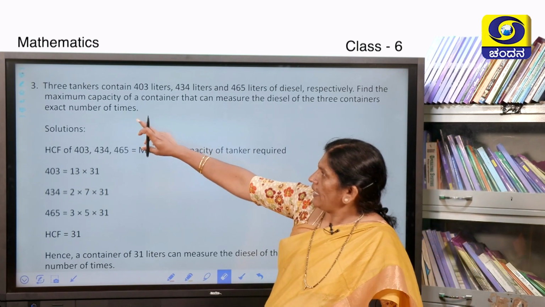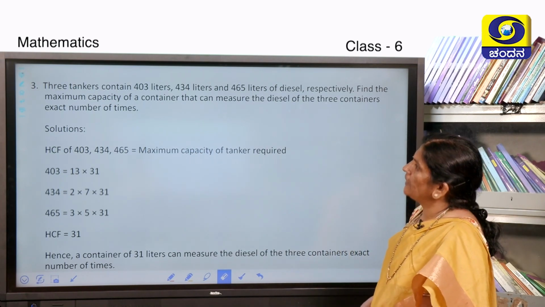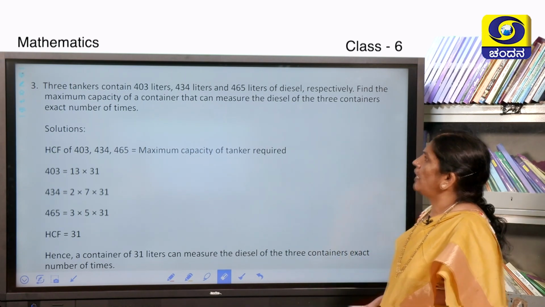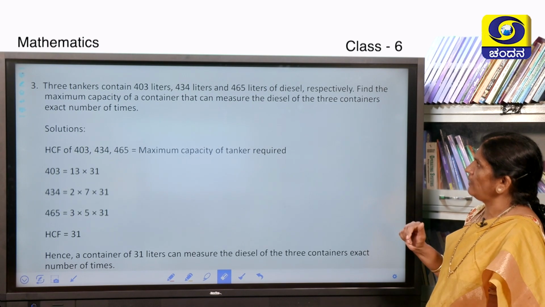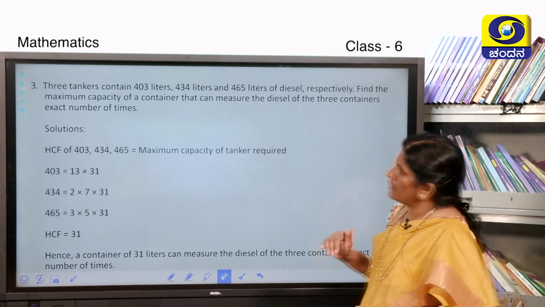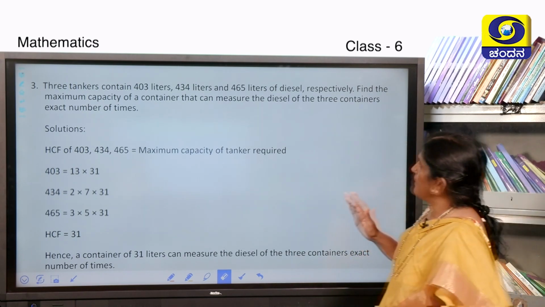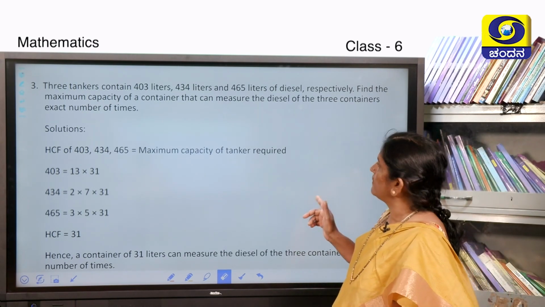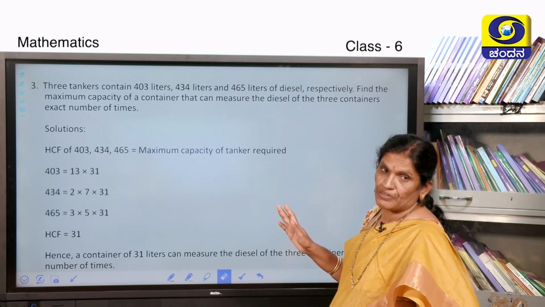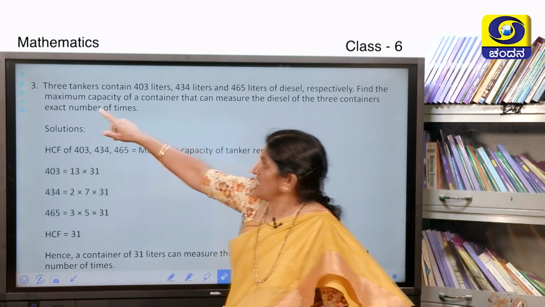Next, 3 tankers contain 403 liters, 434 liters and 465 liters of diesel respectively. Find the maximum capacity of a container that can measure the diesel of the 3 containers an exact number of times. Again we can see the word maximum here.